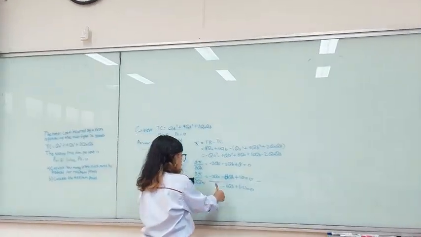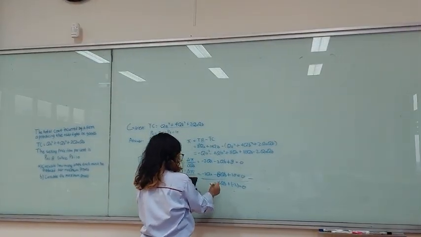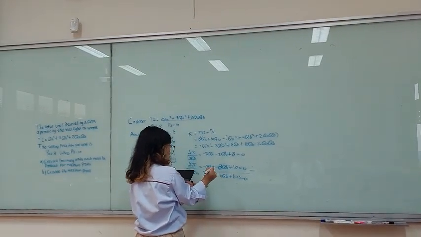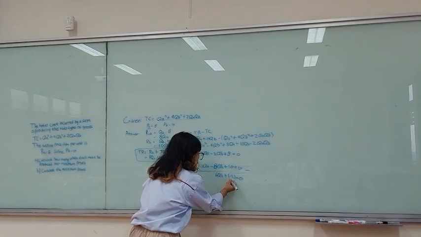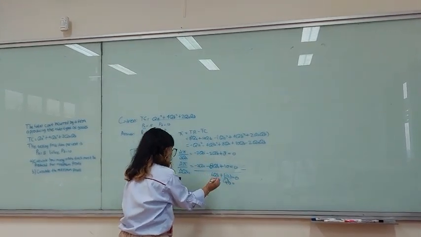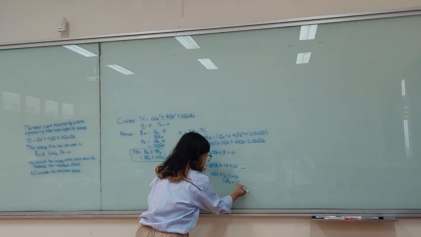So the final is 6QB minus 2 equals 0. So the QB is 1 per 3.